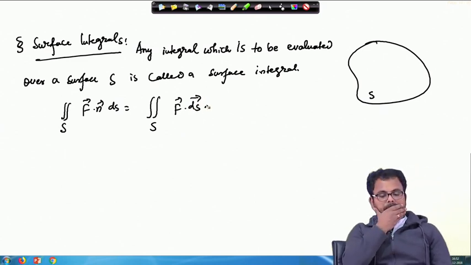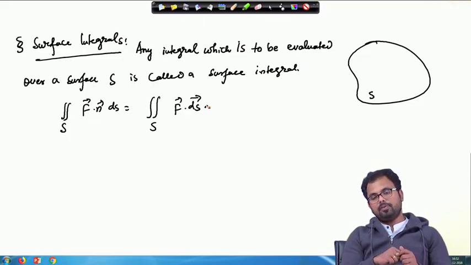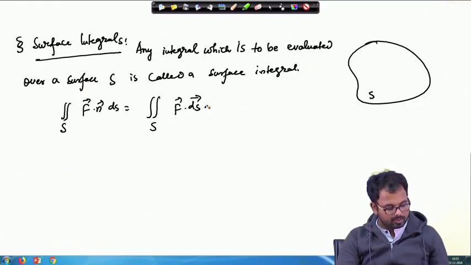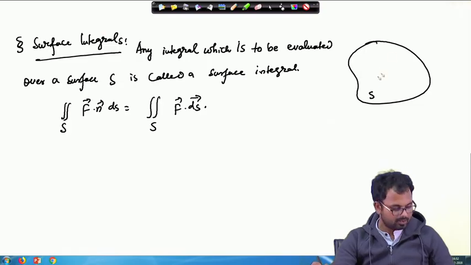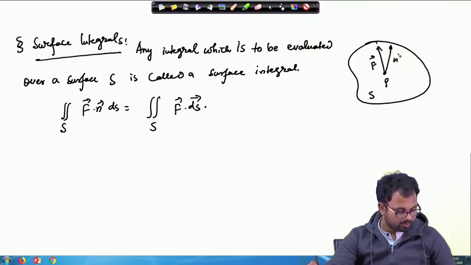Here, f dot n is the component of f along the normal n. On this surface S, we have our point P, this is our vector f, and this is the normal n.